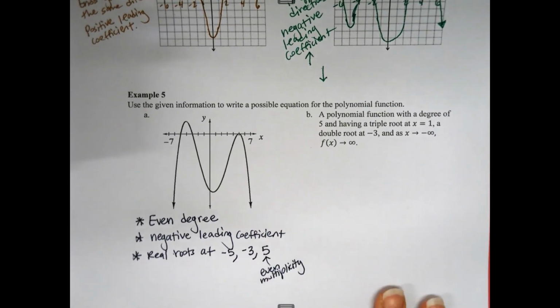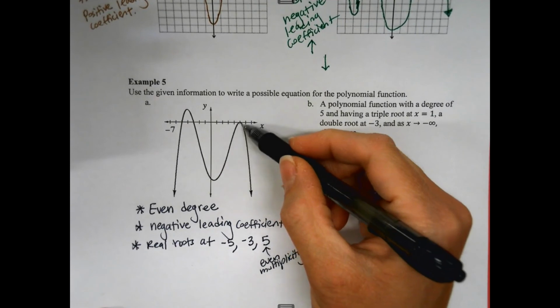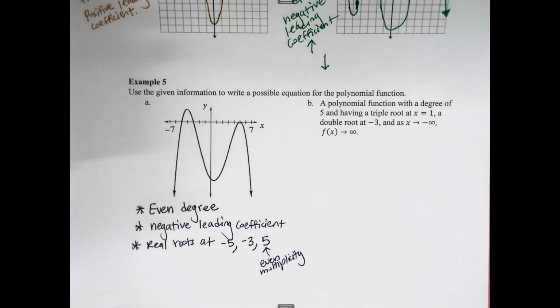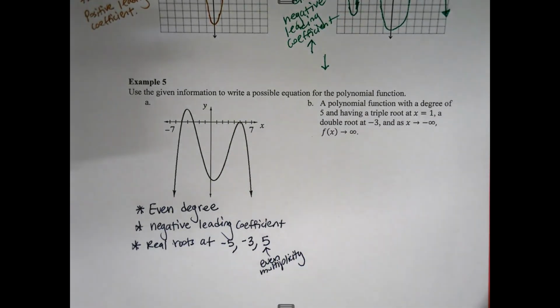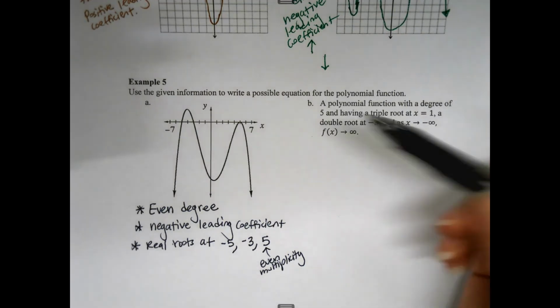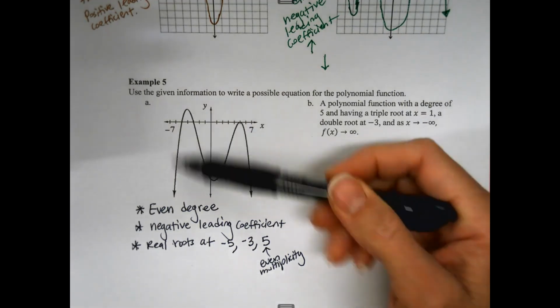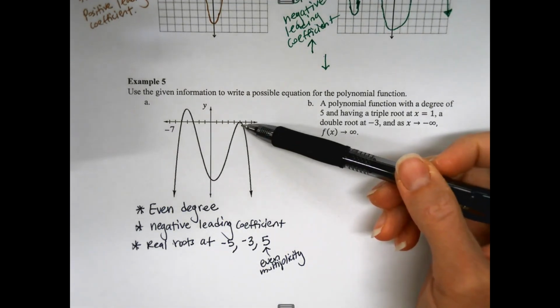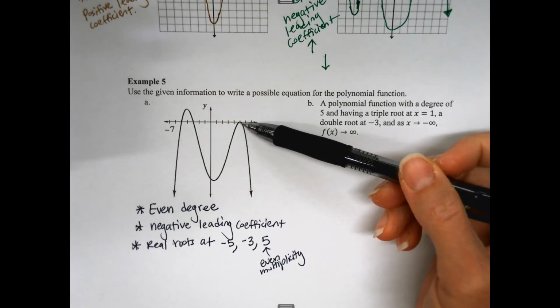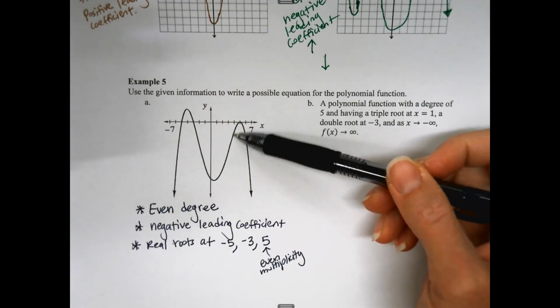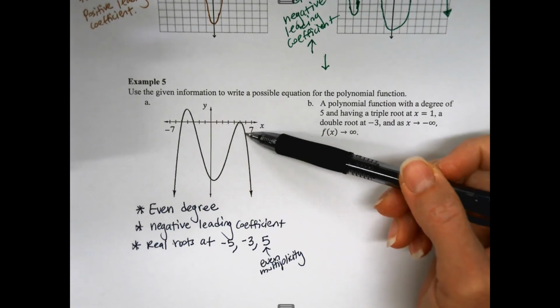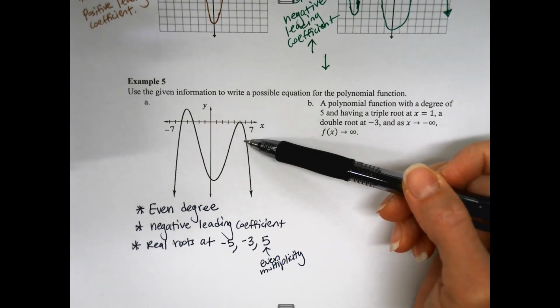Based on the fact that it doesn't look very flat here, I would say it has a multiplicity of 2. But because we don't have a ton of information about this graph, if you gave a 4 multiplicity on this turnaround, it would be acceptable.